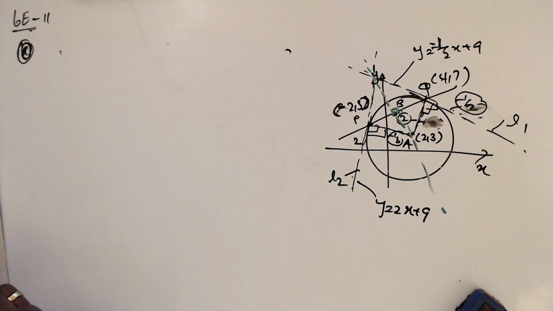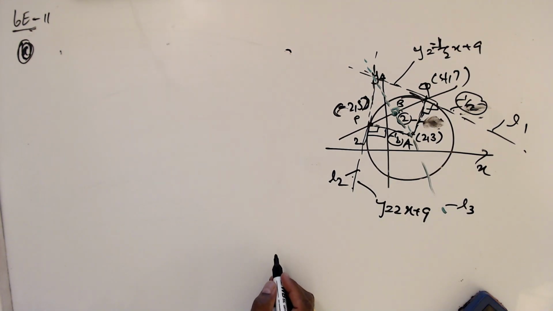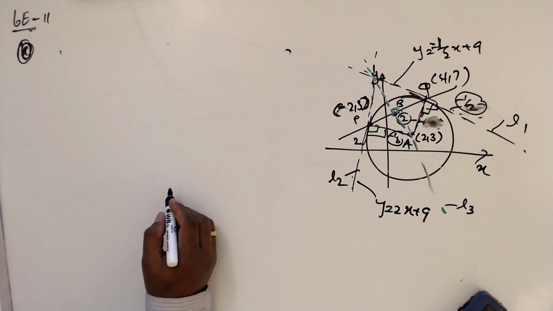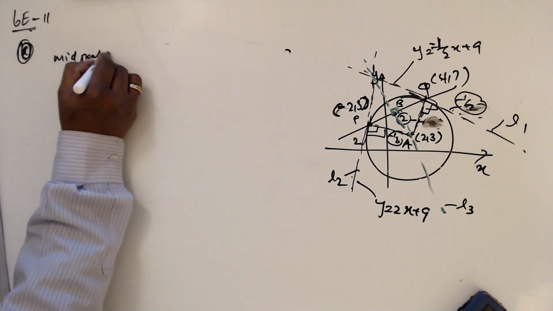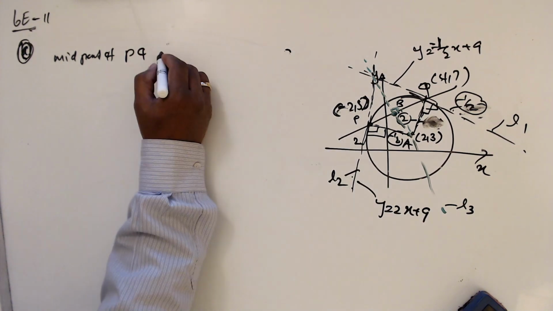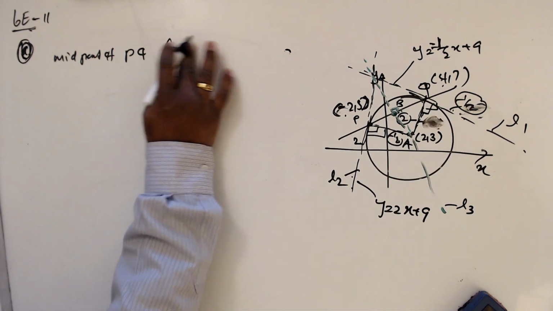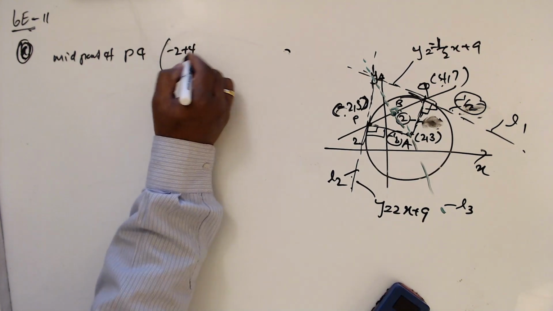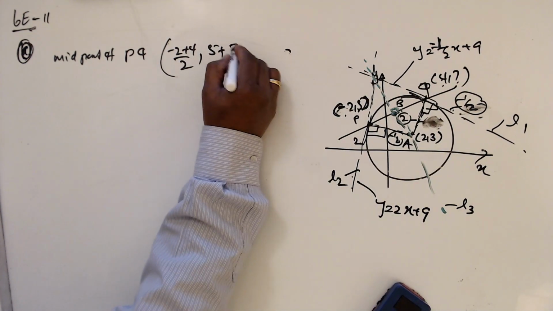Then I want to find the equation L3. First of all, I find the point B, the midpoint of P and Q. The midpoint is (x1 plus x2) divided by 2, which is (minus 2 plus 4) divided by 2, and (y1 plus y2) divided by 2, which is (5 plus 7) divided by 2.